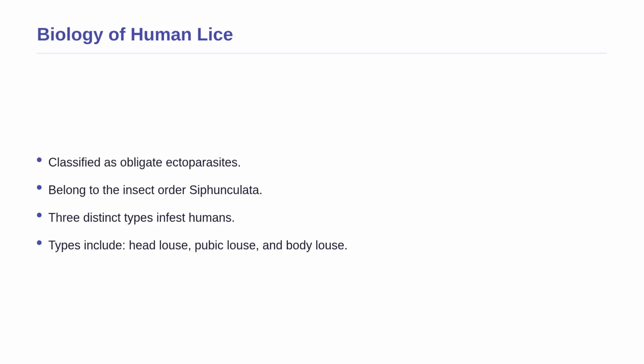Now that we know how sensitive they are to temperature, let us look at their biological classification. Human lice are obligate ectoparasites. This means they live exclusively on the outside of the host and absolutely require human blood to survive. They belong to the insect order Siphunculata.